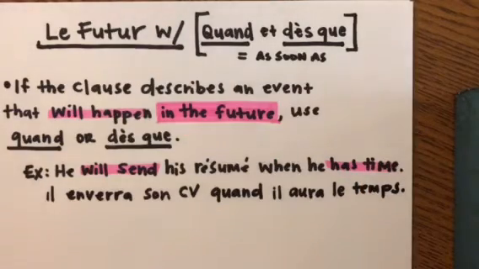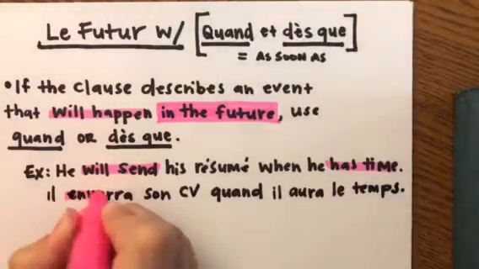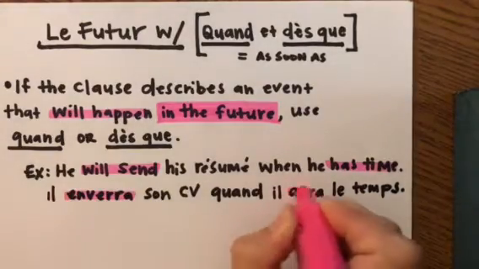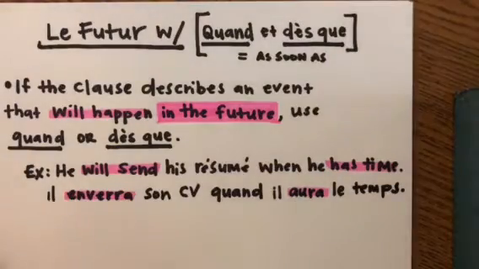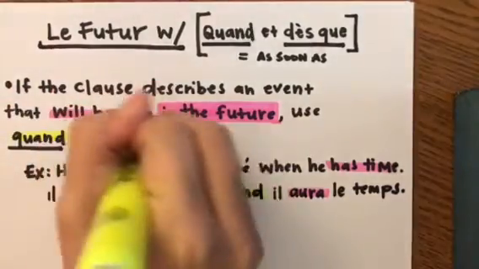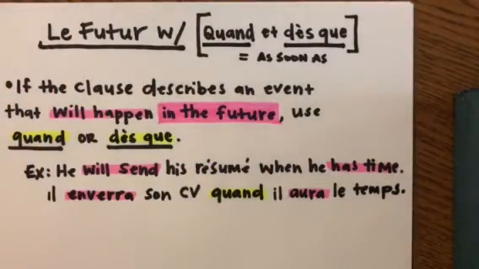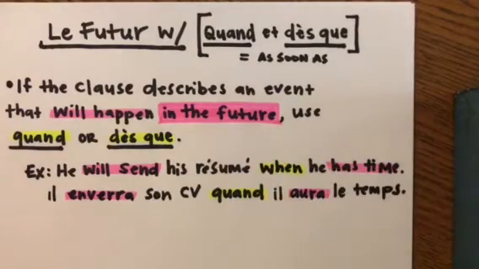Again, you see will send. When he has time. And we're just going with our quand and our dès que, right? So quand is when or as soon as. So when is here too. Now we know he will send, I'm going to say quand il aura le temps. Good.